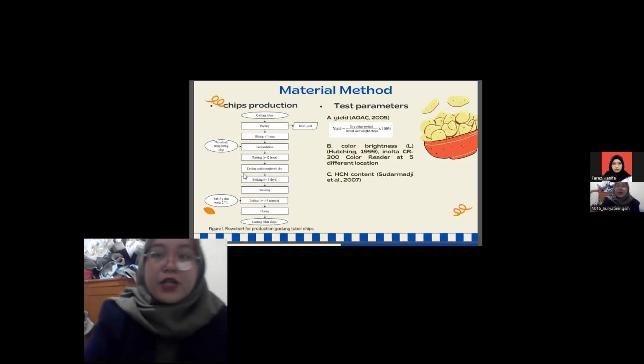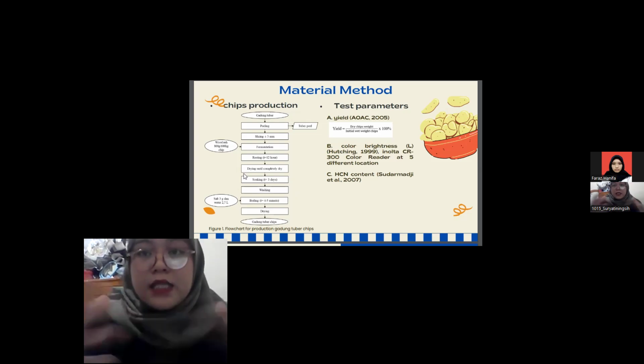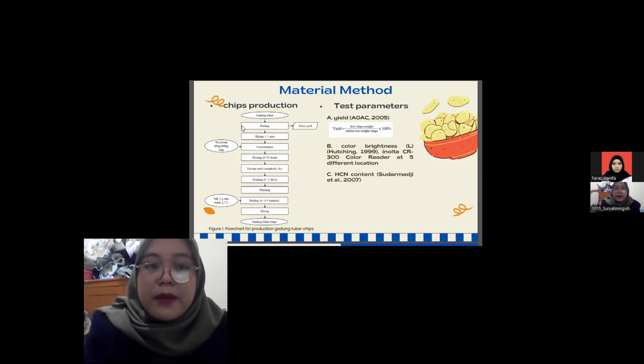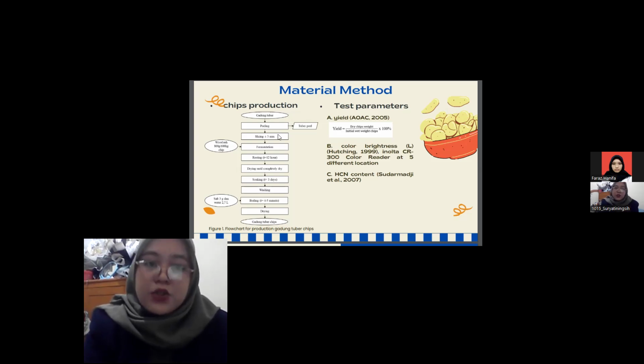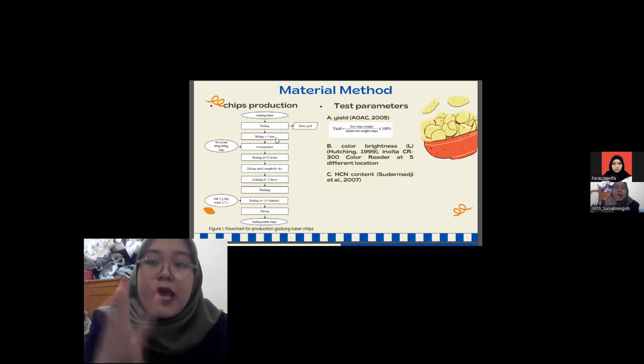In the production of gadung tuber chips, the process began with the preparation of the gadung tuber. After the gadung tuber is ready, it is peeled to remove the peel of the tuber. Then the peeled gadung is cut to a thickness of around 3 millimeters to increase the gadung tuber surface area and make processing easier.